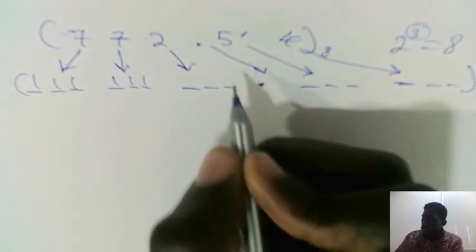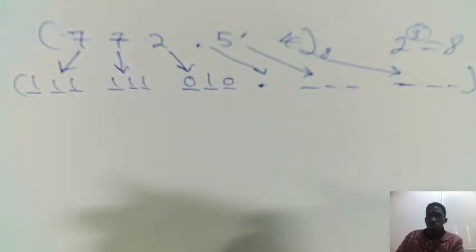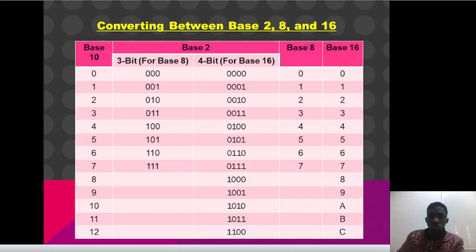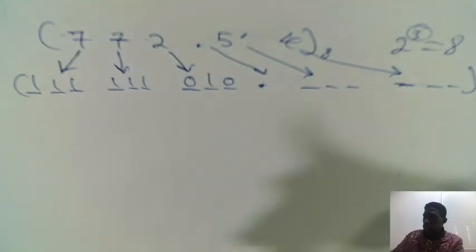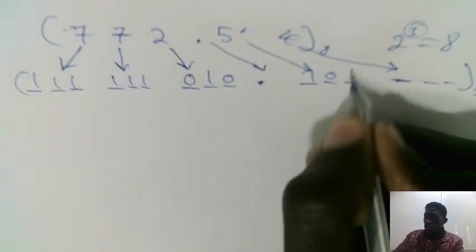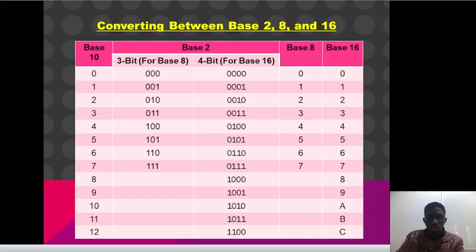We've already checked that. 2 corresponds to 010. Over time, you get used to this. 2 corresponds to 010, if you can see it there. And 5 corresponds to 101. We can see in the table that 5 in base 8 corresponds to 101.